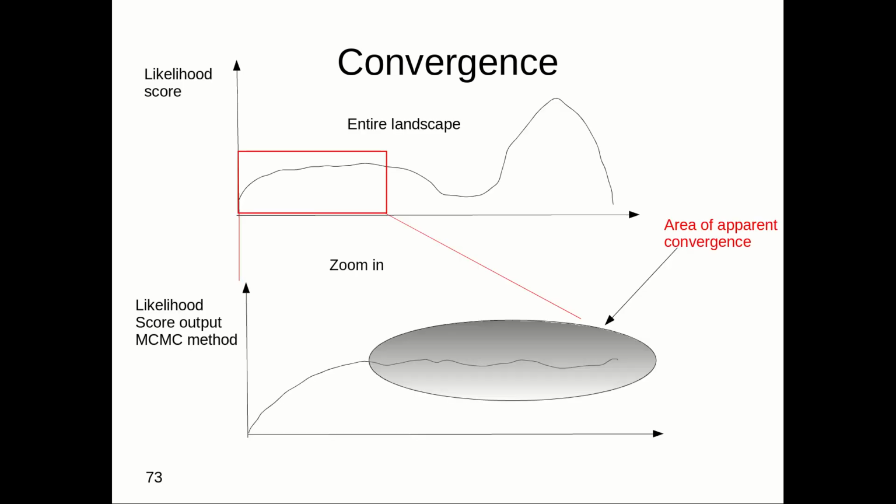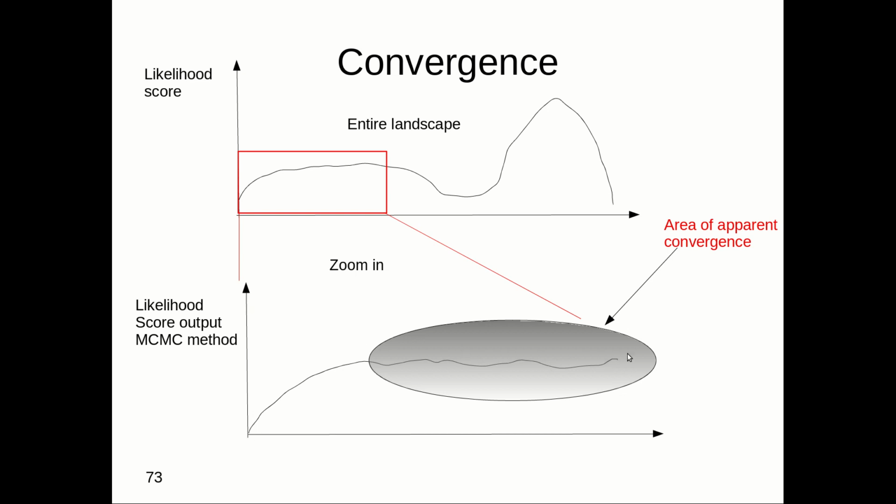For instance, consider a similar example. Just assume that this is the likelihood score of the trees that we're sampling, and this one on the top here is the entire landscape. But of course you don't have a view of the entire posterior probability landscape. You just zoom in here, and this was the burn-in, the random starting point.